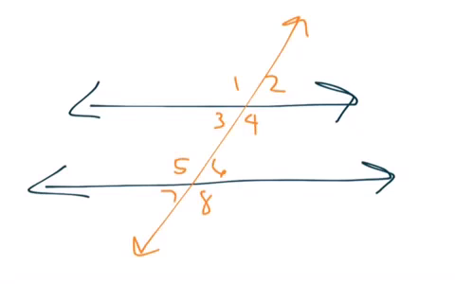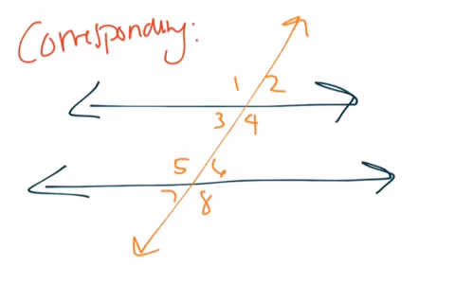So for corresponding angles, they're on the same side of the transversal. One is on the inside, one is on the outside. For instance, corresponding angles would be angle 2 and angle 6. If you look at them, they do even look pretty congruent, as well as actually being congruent. One is on the outside, the exterior.